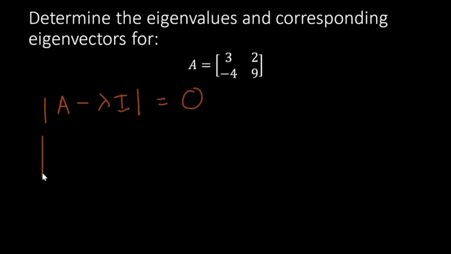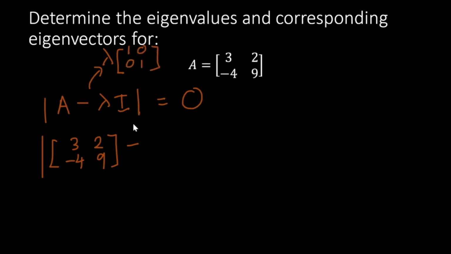And so we have here A as [3, 2; -4, 9] minus lambda multiplied by I, which is lambda multiplied by a 2 by 2 identity matrix, 1, 0, 0, 1. So this gives us lambda, 0, 0, lambda. So the determinant of this is equal to 0.